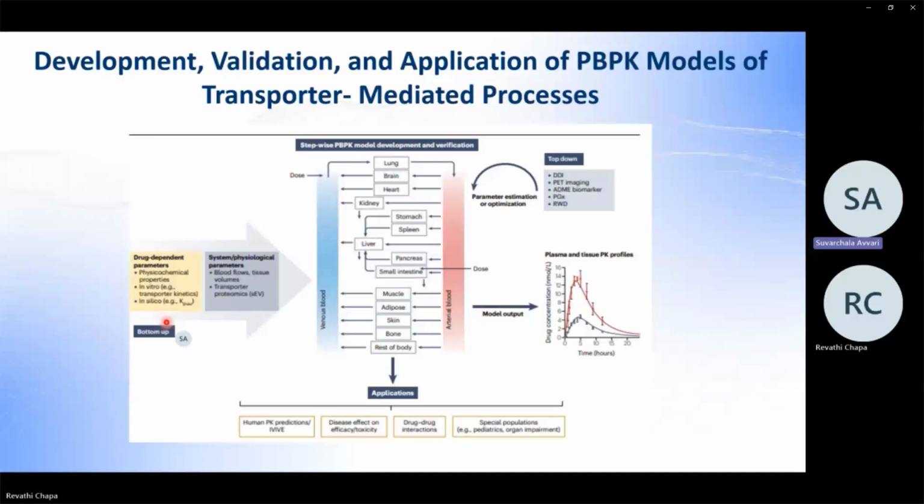And there are many examples in the literature that suggest that the bottom-up approach was successful in recovering the clinical transporter-mediated DDIs, especially when it comes to the renal transporters involving OAT1 and 3 and OAT4, whereas the fit for purpose modeling, like mostly either the top down or the middle out approach is needed to capture the in vivo PK and the transporter mediated DDI for intestinal and the liver transporters like the BCRP or OATP1B1 mediated interactions.